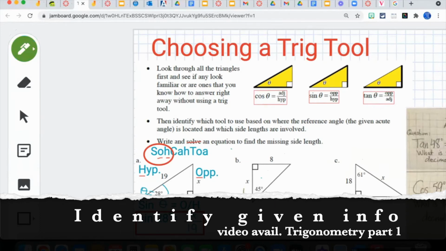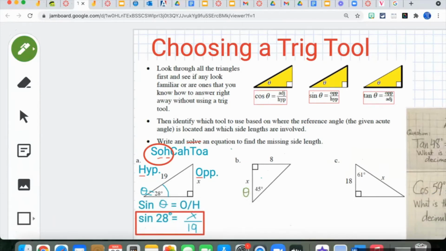The angle given to me, the angle I'm looking at, is 45 degrees, and that's this angle. I'm going to mark it with an arc on the top. Sometimes they just mark it with the arc and don't have the theta in. You can just go ahead and put theta in like that. We also need to identify a few more things before we know which trig tool to use.